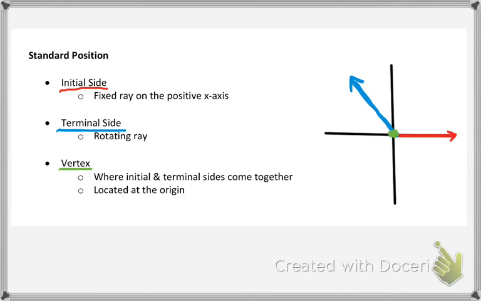So again, the initial side is the starting point of the angle. It's always going to be located, when it's in standard position, on the positive part of the x-axis. The terminal side is where that angle ends, and then the vertex is where those 2 sides come together. So now when we have that angle drawn there, the angle that I'm looking at is this angle right in here. That is my angle that we just drew.